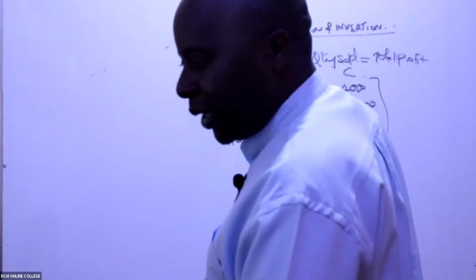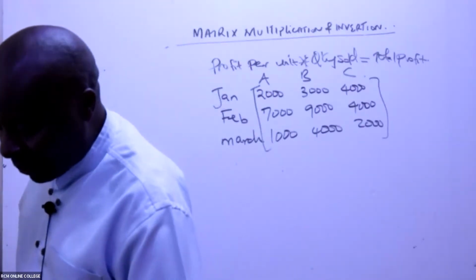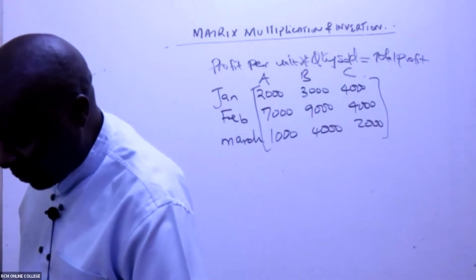What do I have? 1,000, 4,000, and then 2,000. Let me know whether you good students of mine have been able to write down this matrix.